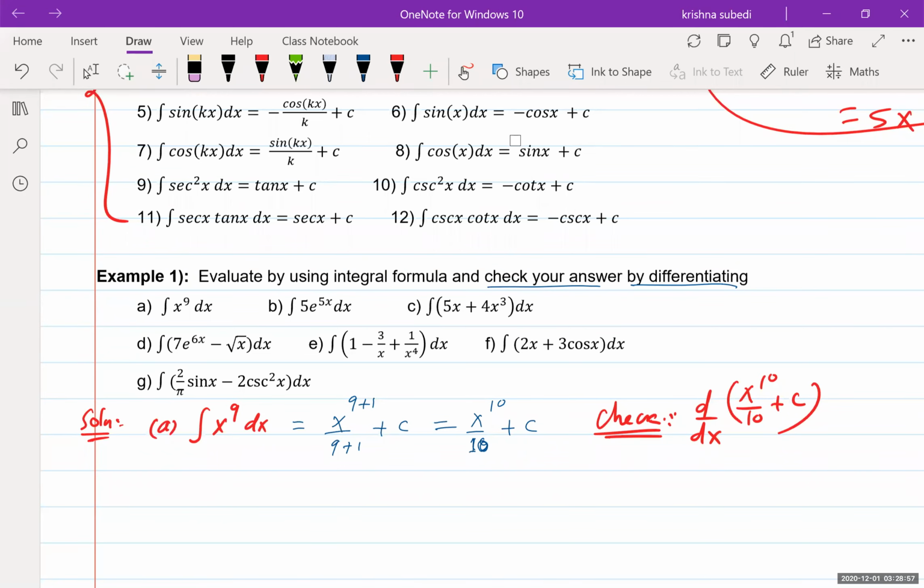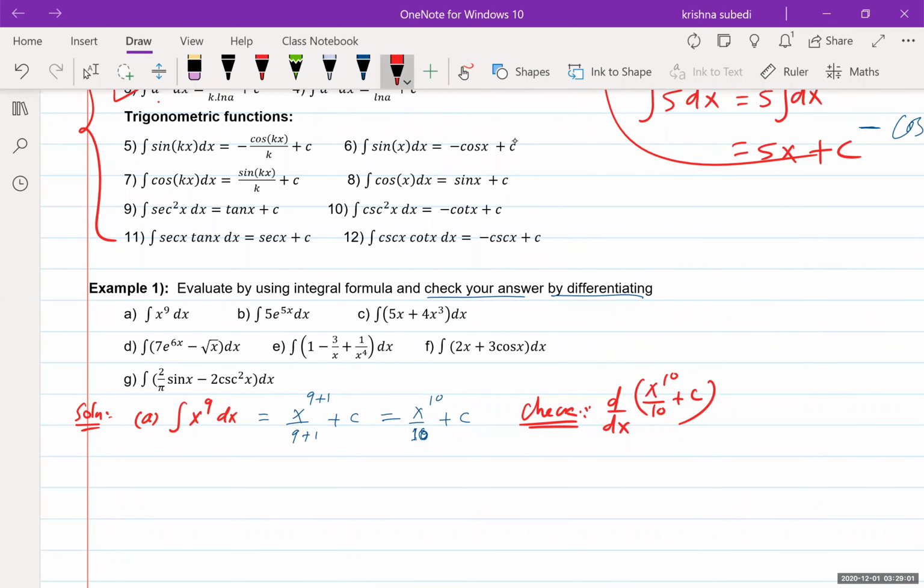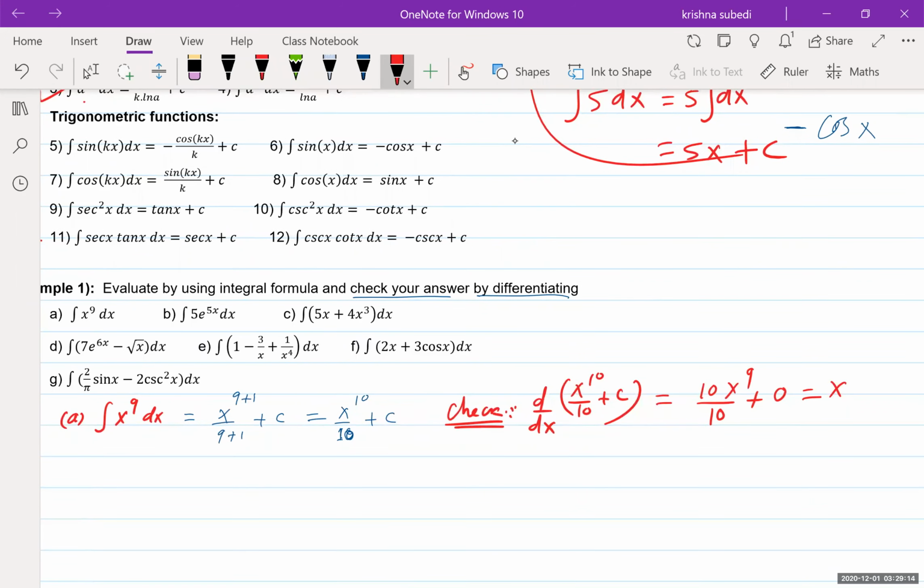You can check your answer yourself just by derivative. So the derivative is 10x power 9 over 10 plus derivative of c is 0. So that's going to give me x power 9. Yes, we got that. As you can see here, x power 9, and here also we got x power 9. So it checks. Okay, our answer is right.